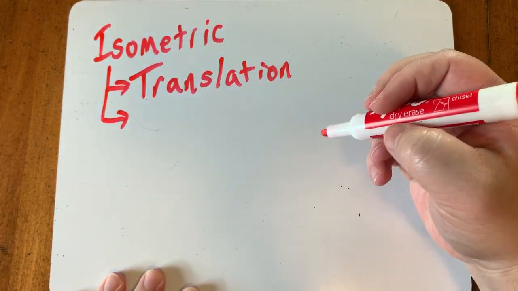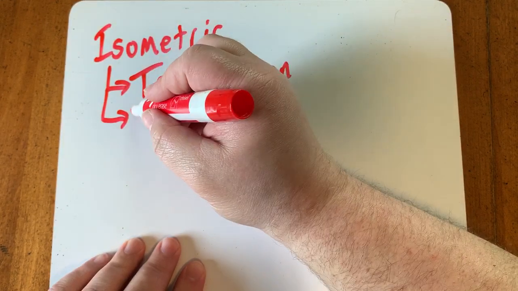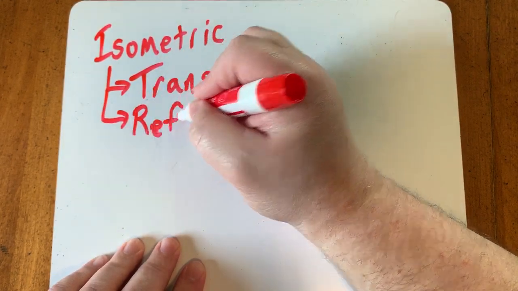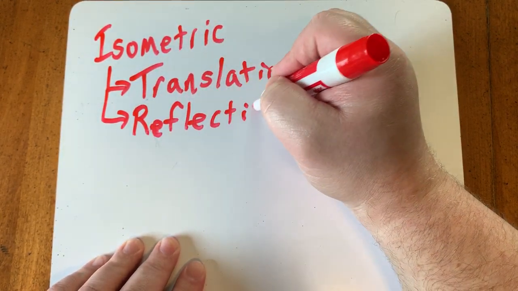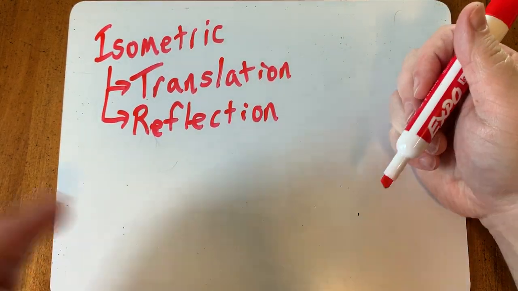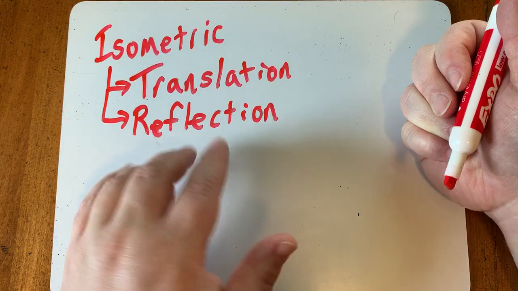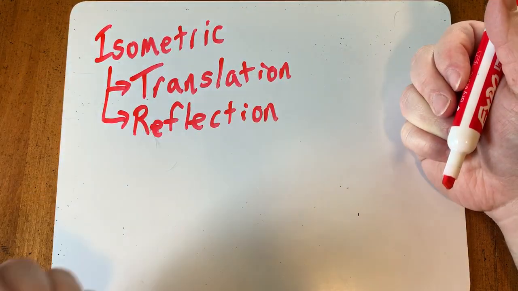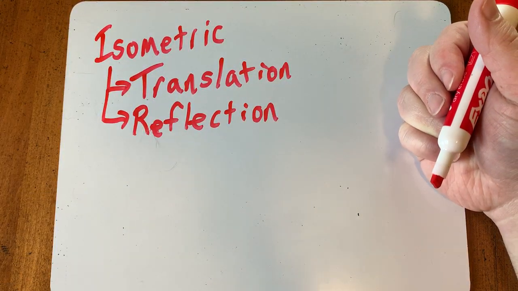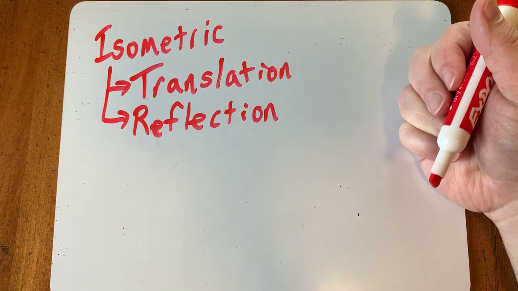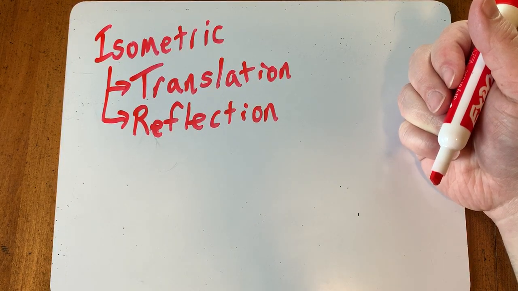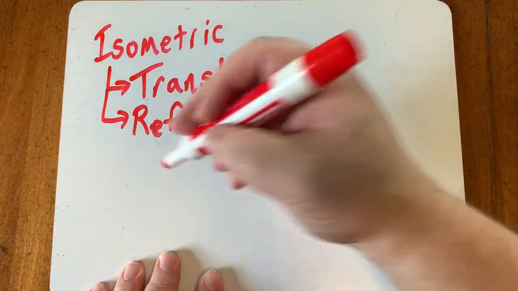Another isometric transformation is a reflection. Even though it changes the orientation of the object, a reflection, reflecting it over a line, does not change the shape nor the size. If it's a triangle, you're still going to have a triangle, and it's going to be a congruent triangle to the original triangle, just oriented differently.